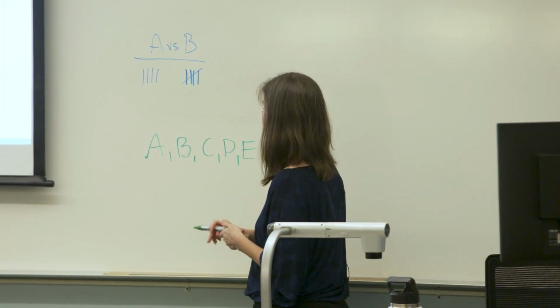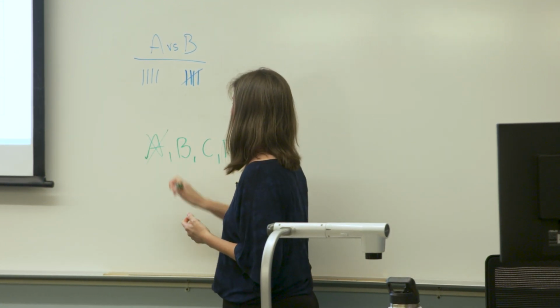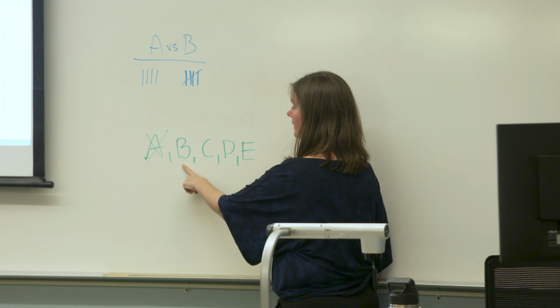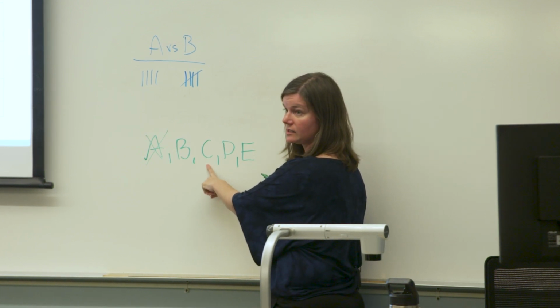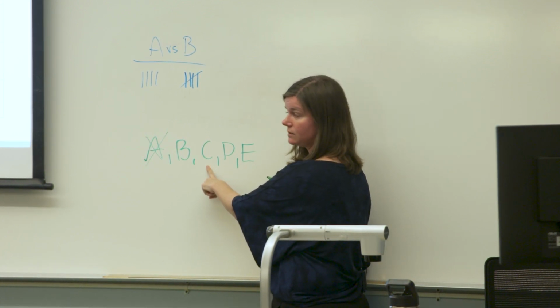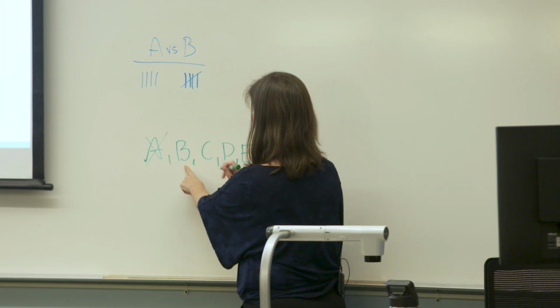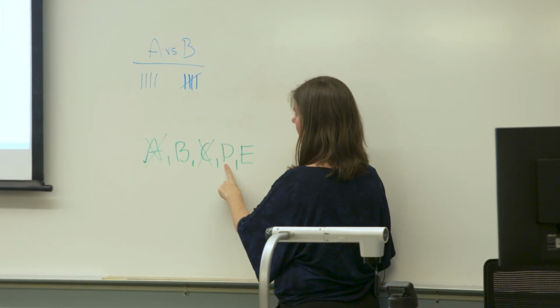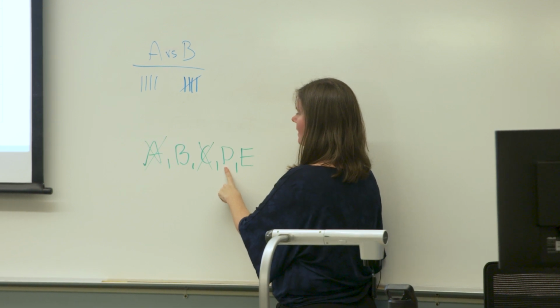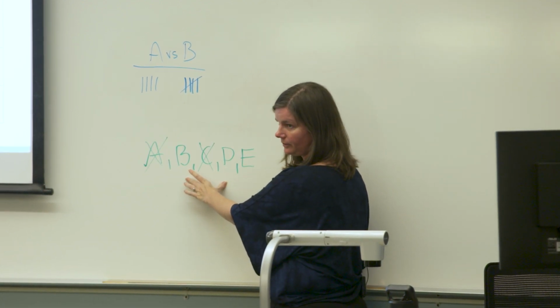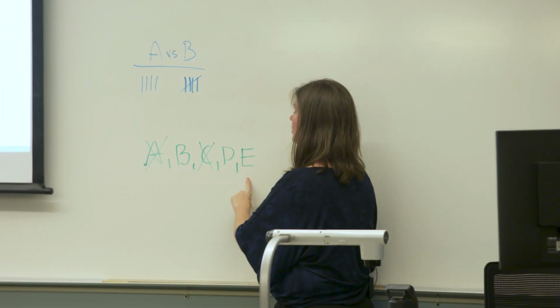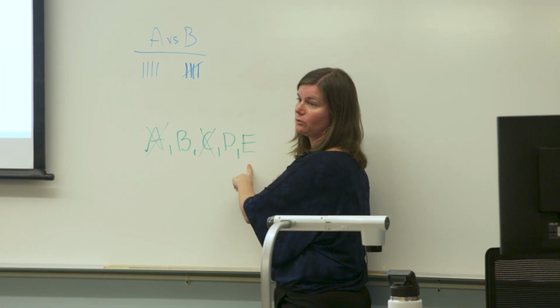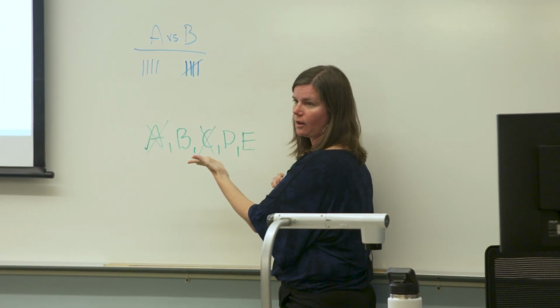So in this case, let's say A loses. So then I next have B go head-to-head against C. So let's say B wins. And then B goes against D. And then let's say they tie. So if they tie, then they each go against E. And you stay in basically until you get knocked out.